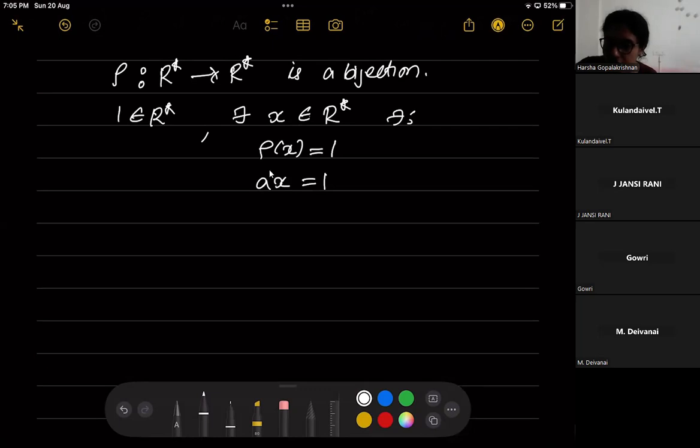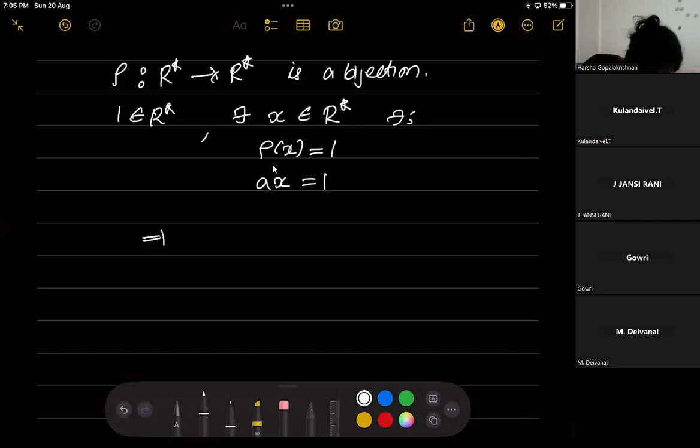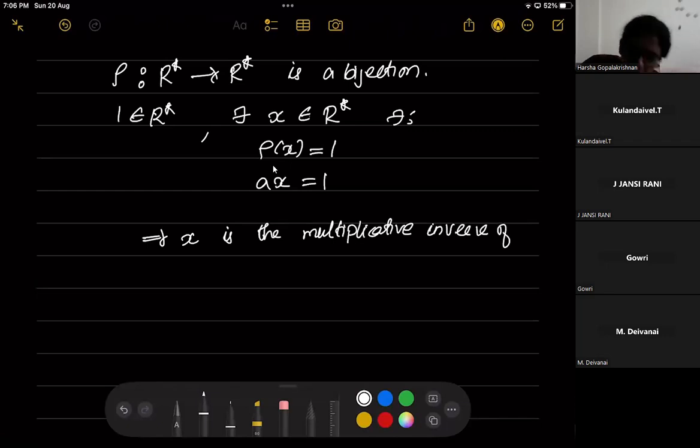Since 1 is the unity, meaning it is the multiplicative identity, for A we got an x such that Ax equal to 1, which means x is the multiplicative inverse of A. Clear?